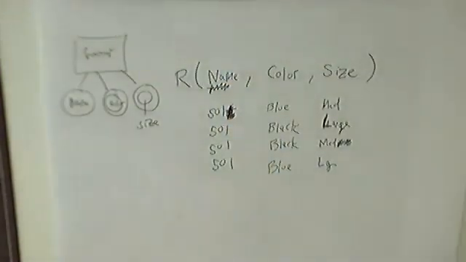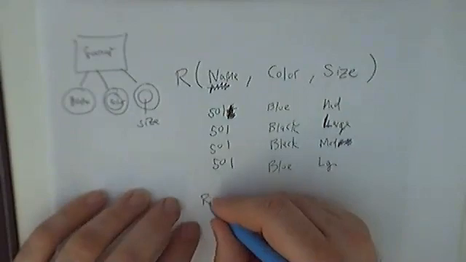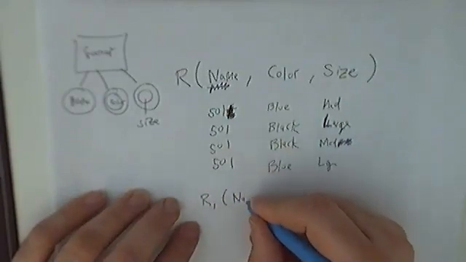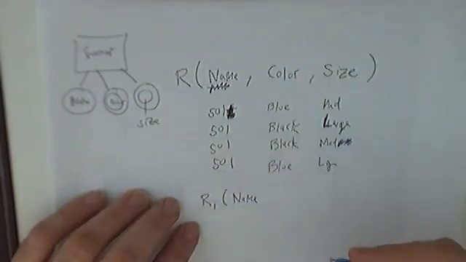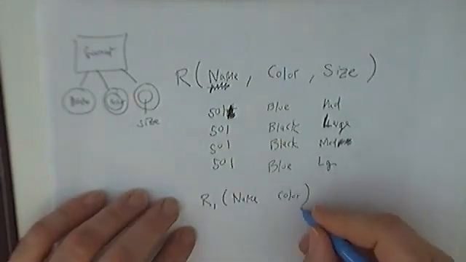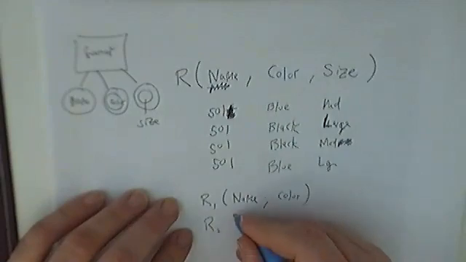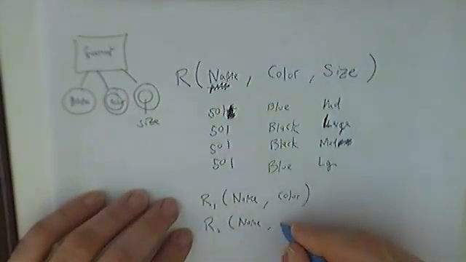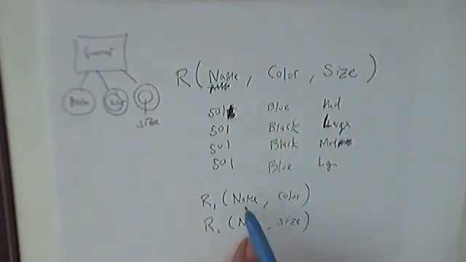Okay. But it would be nice if we had some theory that told us that this is a terrible design so that we could somehow get the following instead. This is much better. Name, color, name, size. This is what we want, right?